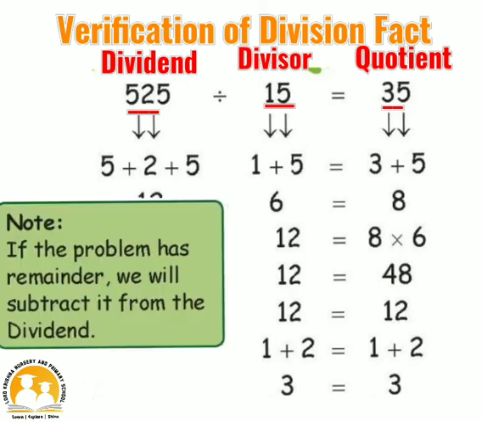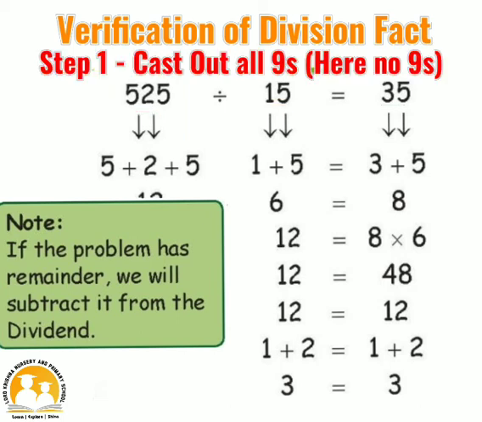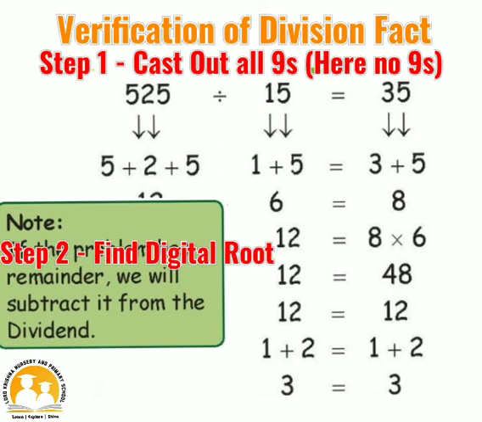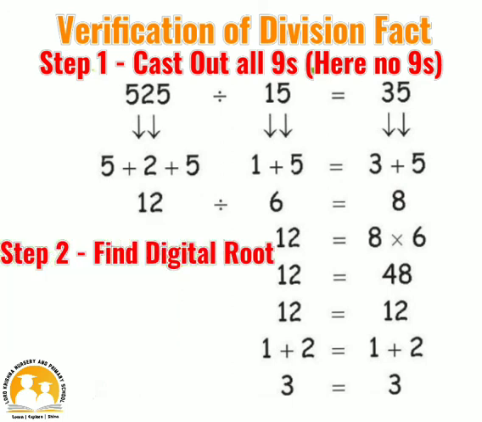If the division fact is given along with a remainder, then we need to subtract the remainder from the dividend. Okay? The first step is to cast out all the 9s and components of 9. There is no 9 and no component of 9 in this problem. So, I am directly going to the second step of finding the digital root. 5 plus 2 plus 5 gives 12, and 1 plus 5 gives 6.